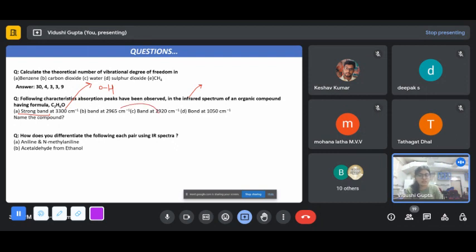These two bands correspond to the CH stretching.